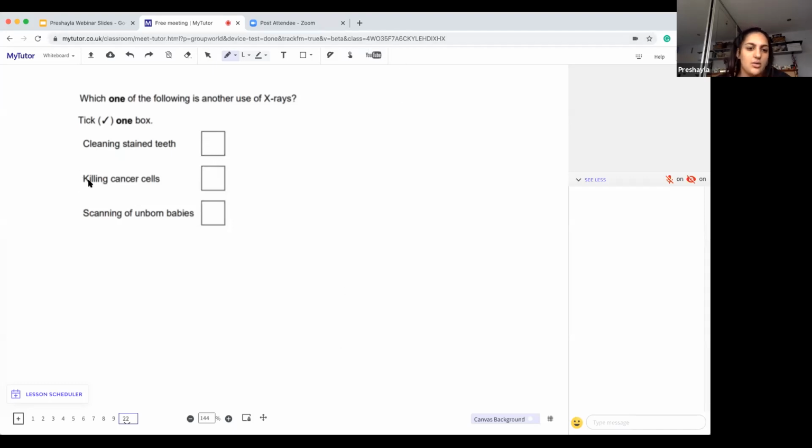So X-rays are also used to kill cancer cells, yeah? So imaging and therapy are our two main ways of using X-rays in medicine.